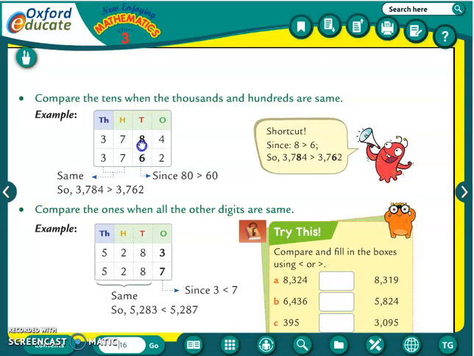So from these two numbers, 8 and 6, you can say easily that 8 is bigger. So like this you can say that 3784 is the bigger number, and 3762 is the smaller number.